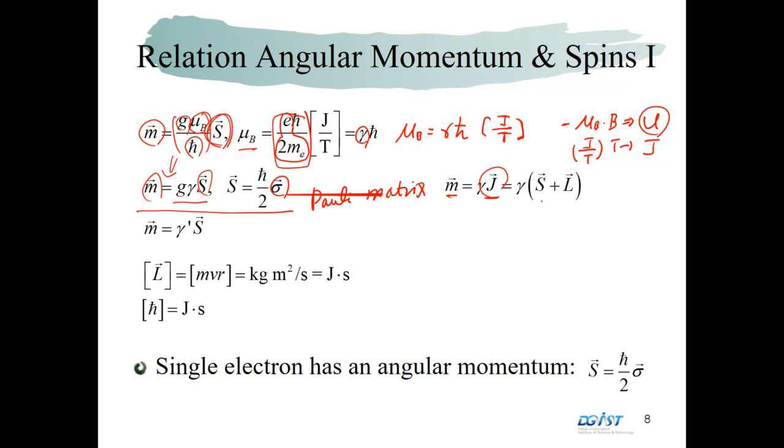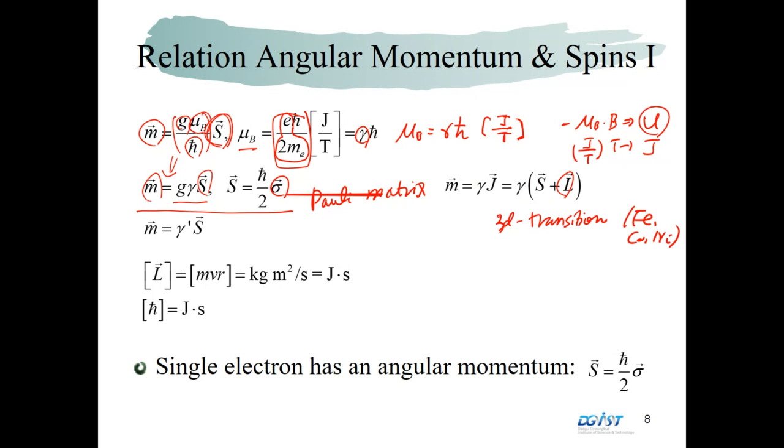And this total angular momentum is the sum of the spin and the orbital angular momentum. But many times, we just ignore the orbital angular momentum because we are playing with the 3D transition metals. That means iron, cobalt, nickel, like that. In all these cases, the angular momentum is quenched.